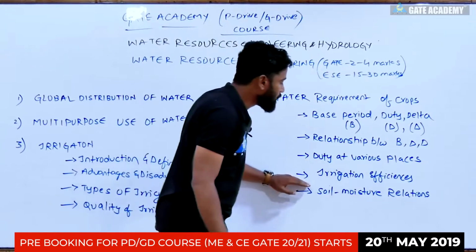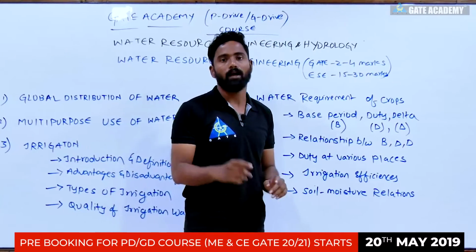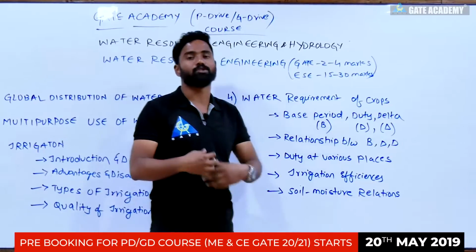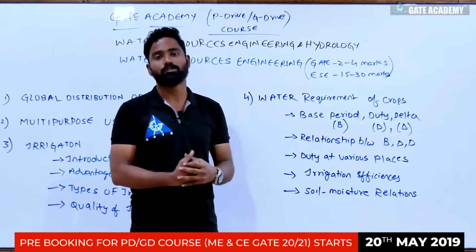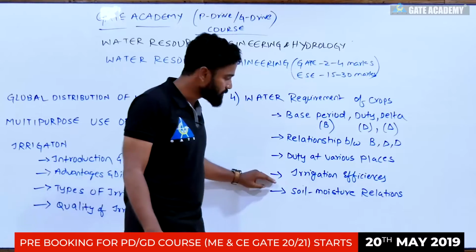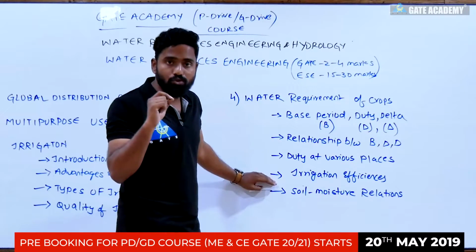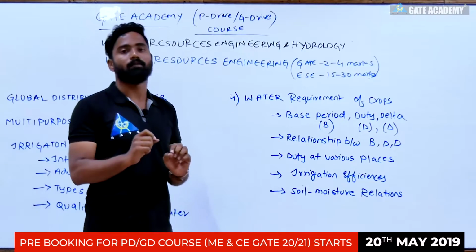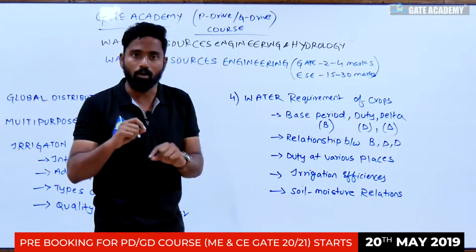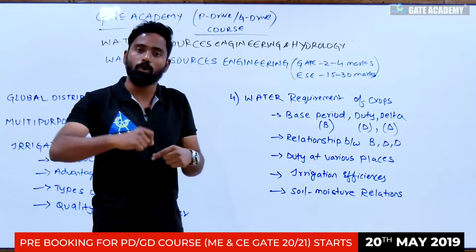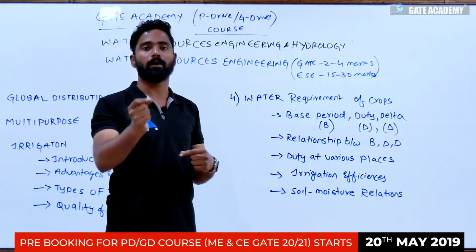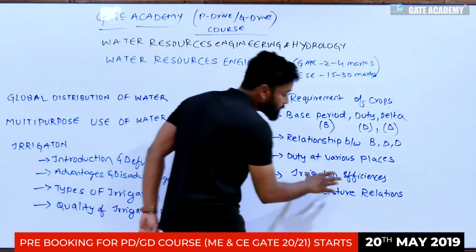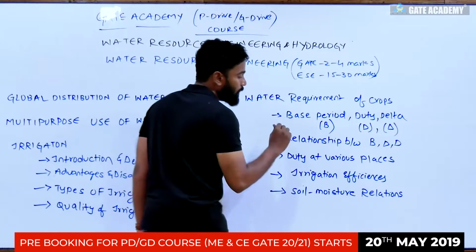And different types of irrigation efficiencies are conveyance efficiency, application efficiency, storage efficiency, distribution efficiency, and many more. Problems are also asked on irrigation efficiency. They will simply ask what the irrigation efficiency is, or this is the irrigation efficiency, what is the amount of water required at the starting, at the ending. So this is also an important topic.